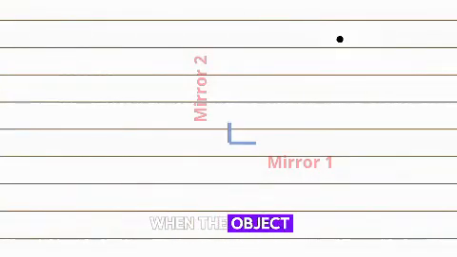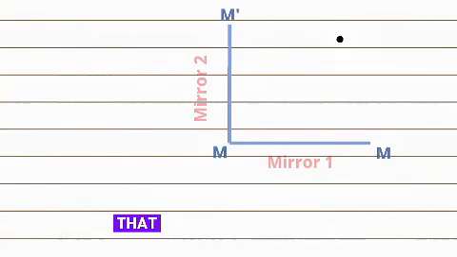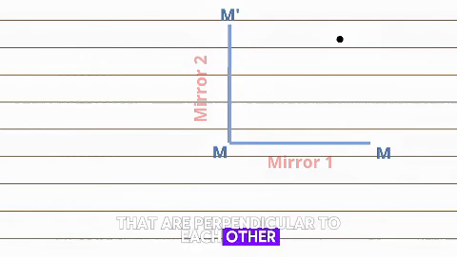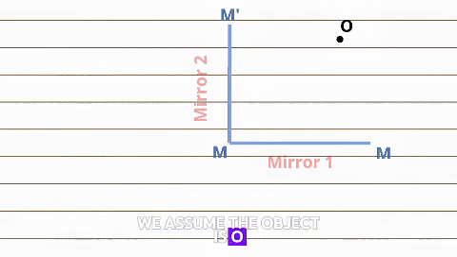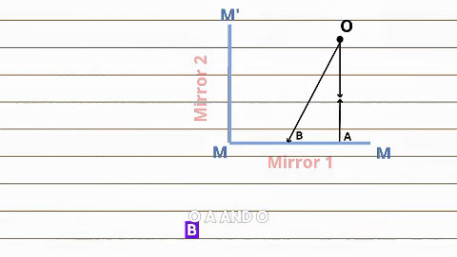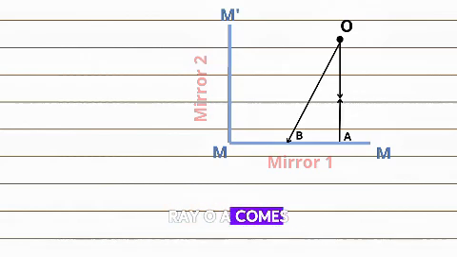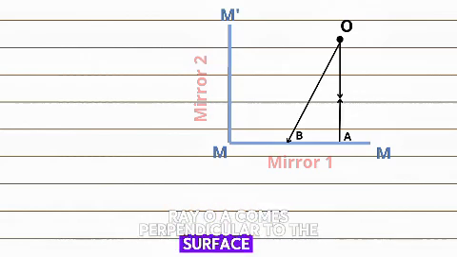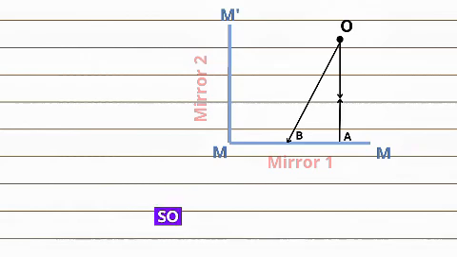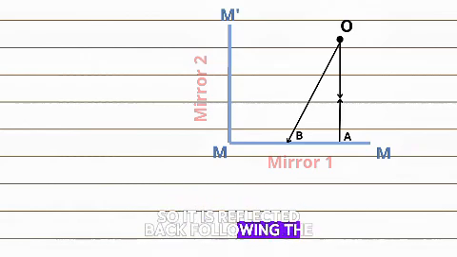When the object is placed between two mirrors that are perpendicular to each other, we assume the object is O. OA and OB are two rays that come to the first mirror. Ray OA comes perpendicular to the surface of the mirror, so it is reflected back following the same path.